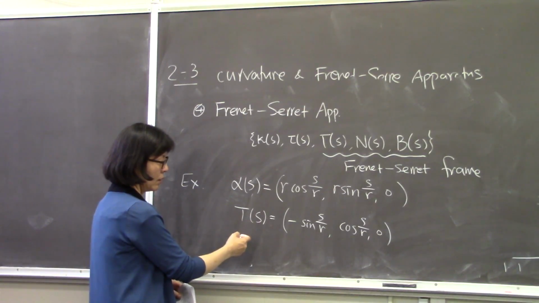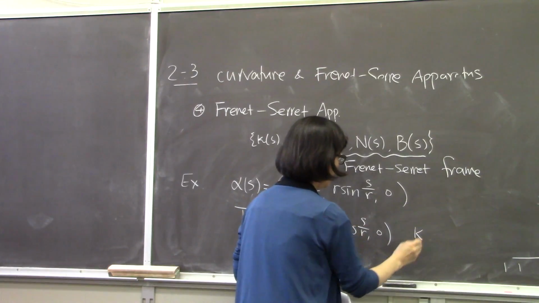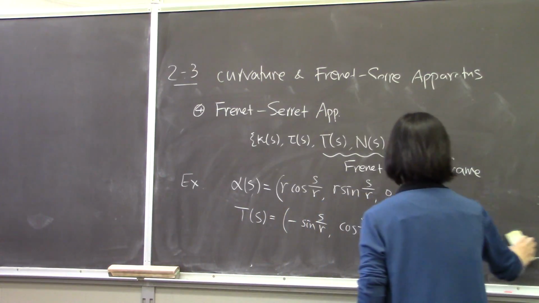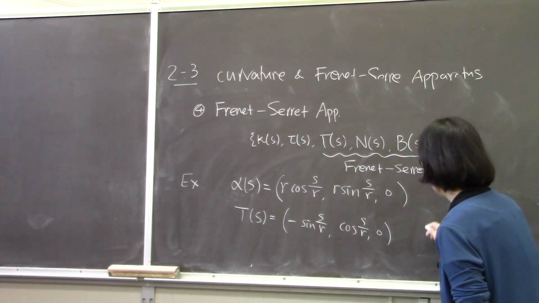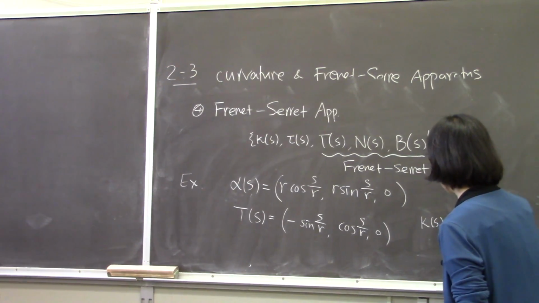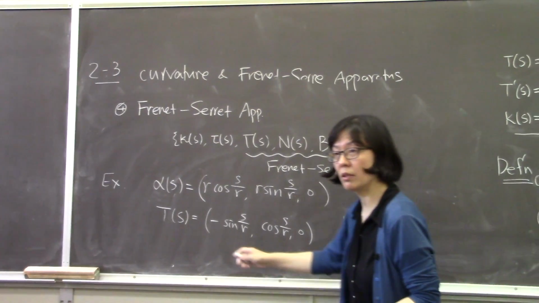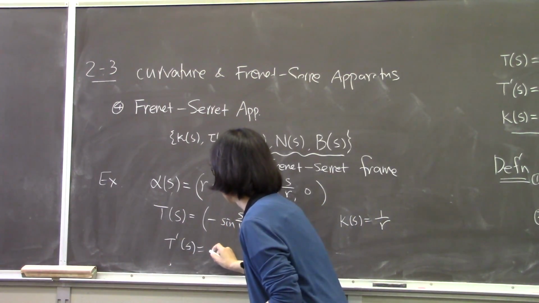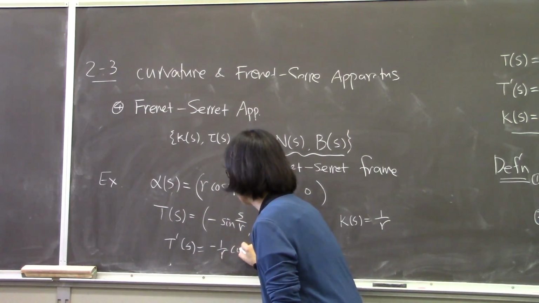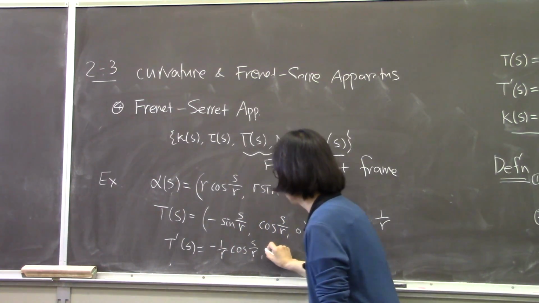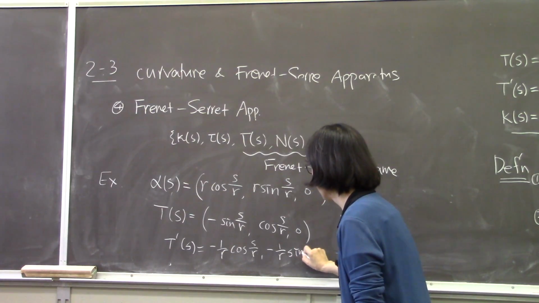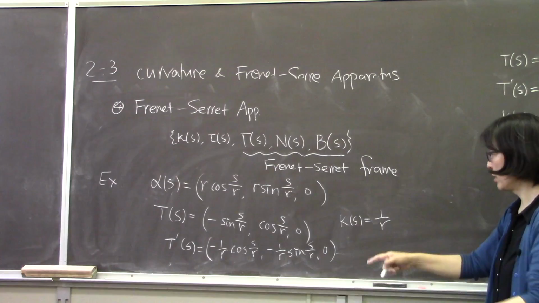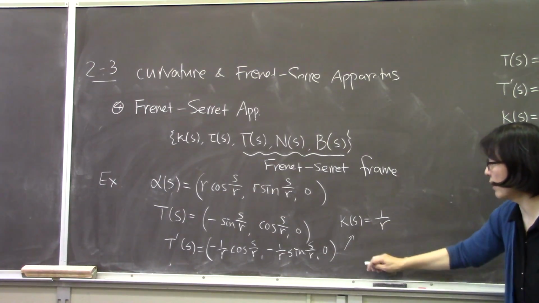And what is the curvature? Take one more derivative, we have T prime of s, which is minus 1 over r cosine s over r, minus 1 over r sine s over r, 0. So the magnitude is the curvature, 1 over r.